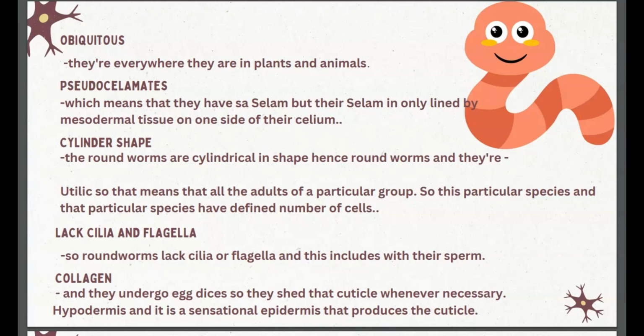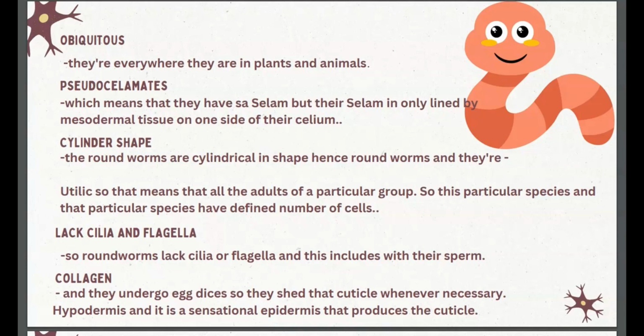So they can grow and develop a new cuticle. Because it is made of collagen, and the way that the structure of the collagen overlaps, it allows them to have a very elastic movement when moving. But this collagen cuticle also protects them from drying out.